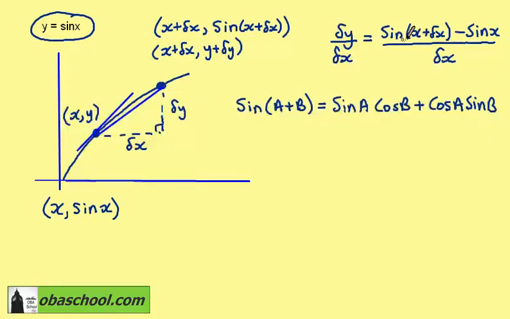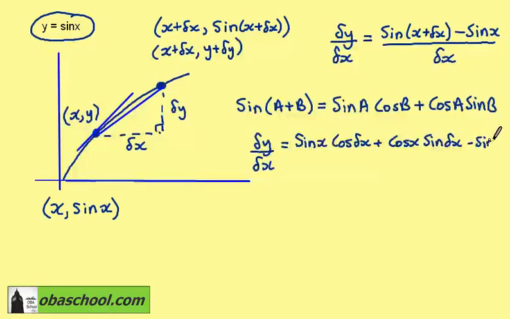Therefore, the sine of x plus delta x can be expanded, giving us the sine of x times the cosine of delta x plus the cosine of x times the sine of delta x. Take away the sine x, all divided by delta x.